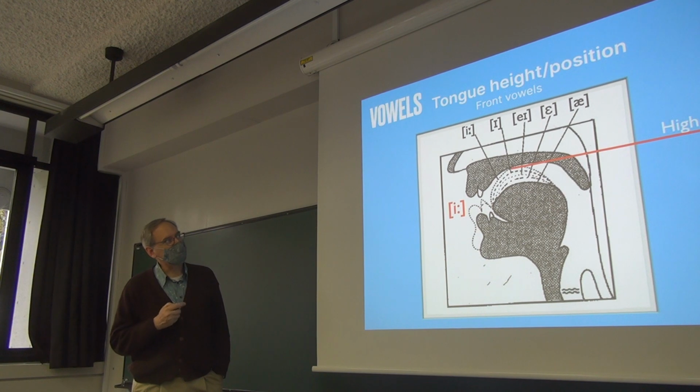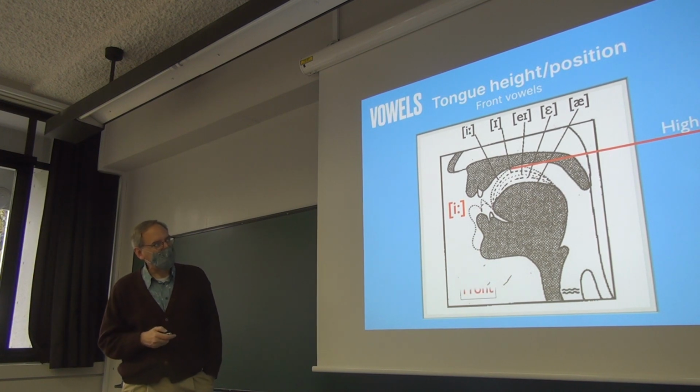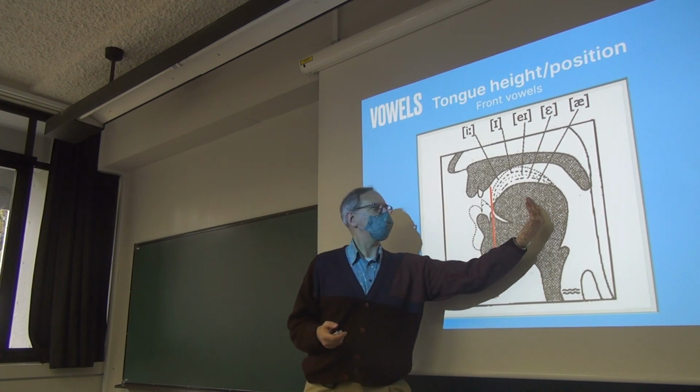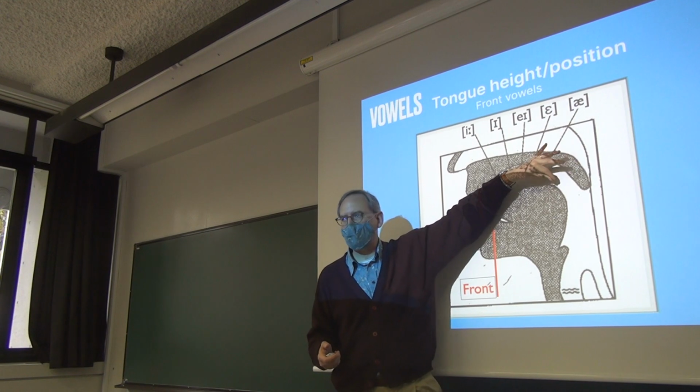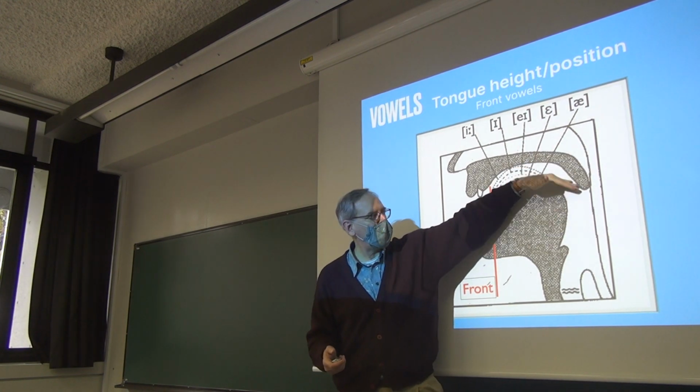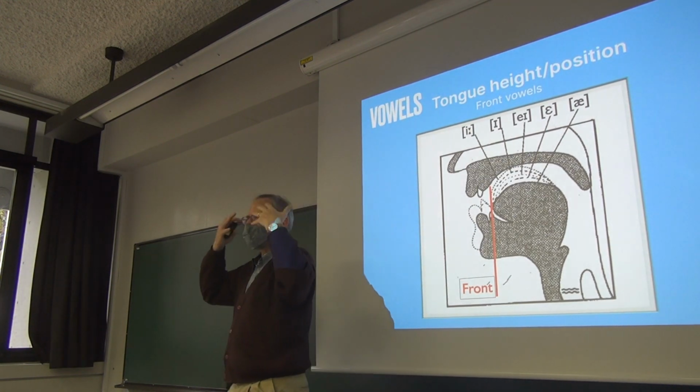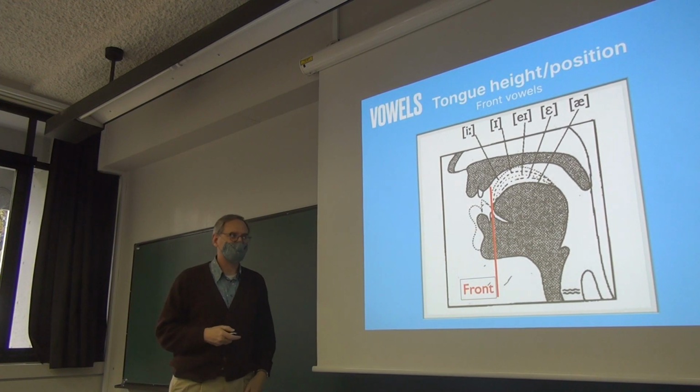Now all of these, e, I, a, are front vowels because the tongue is pushed towards the front, which makes this part of the mouth wide, right? It has a wider space, and that creates the sound in that space.